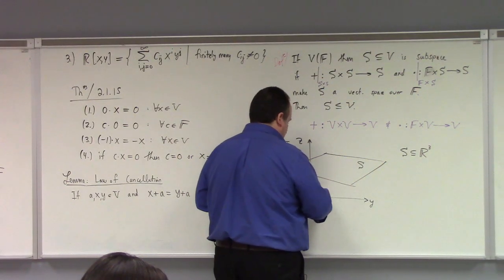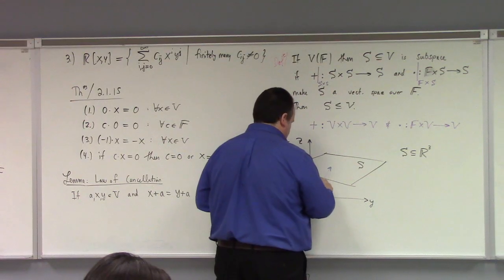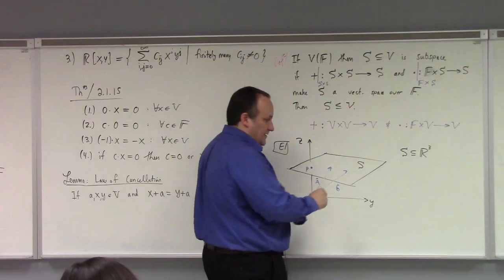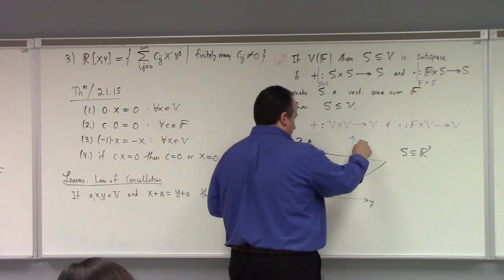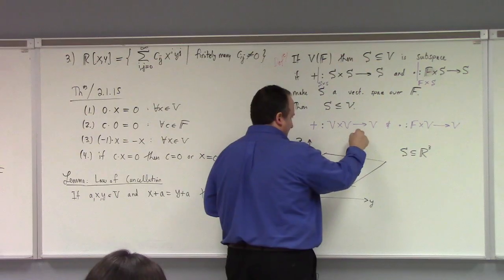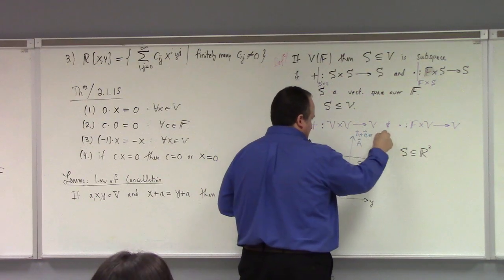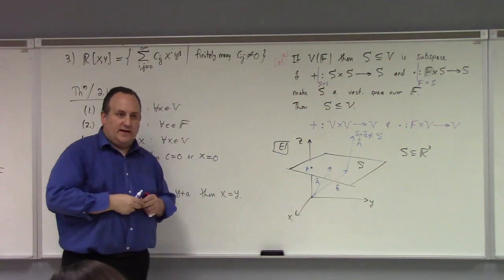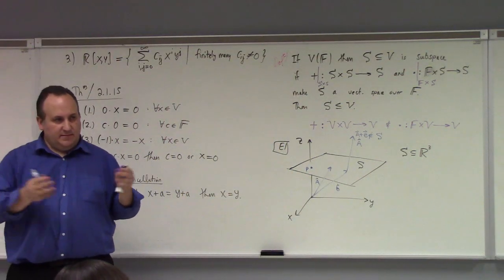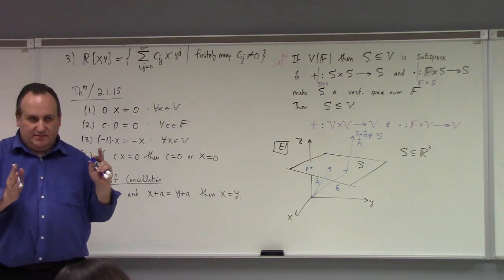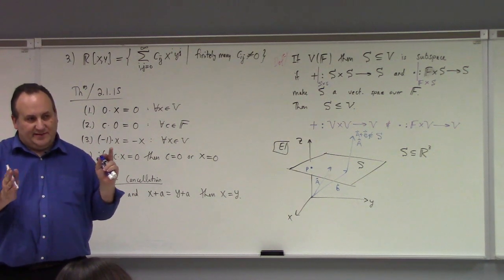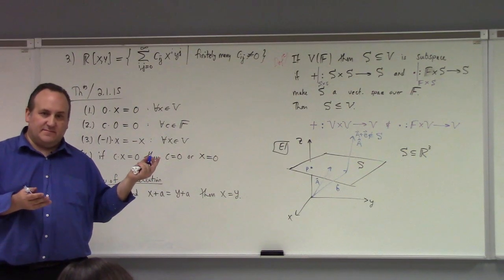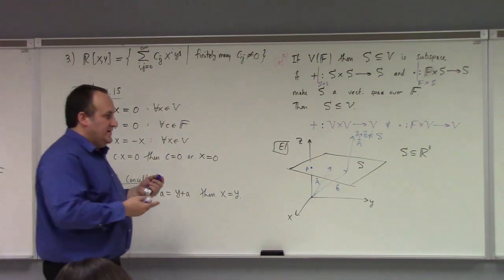But if I went to this vector here, say A, and this vector here, say B, and I look at A plus B, it's up here, right? That is not an element of S, is it? So I have these two vectors that are pointing to points in the plane, so they're in S, but yet their sum is not in S. So S is not a subspace.